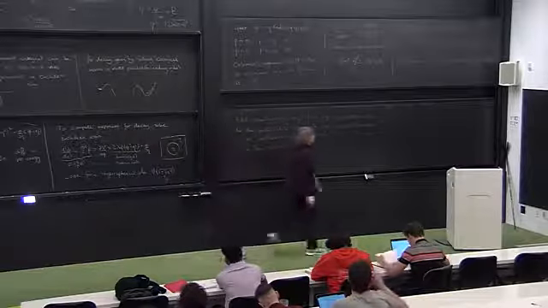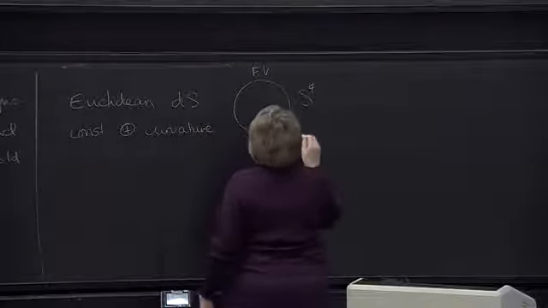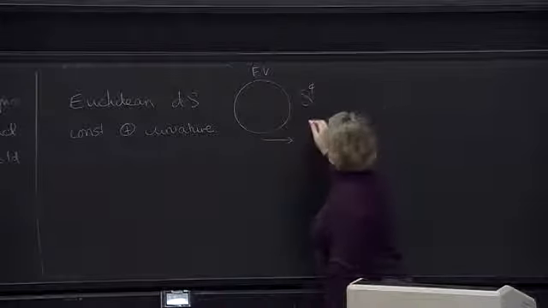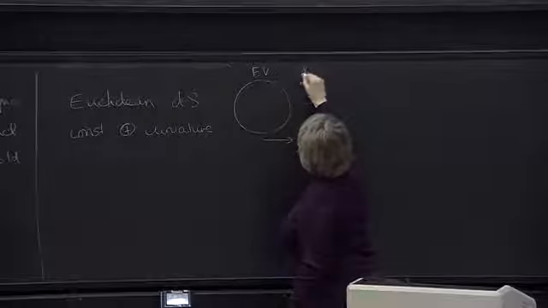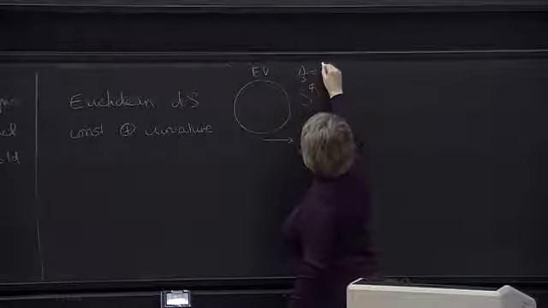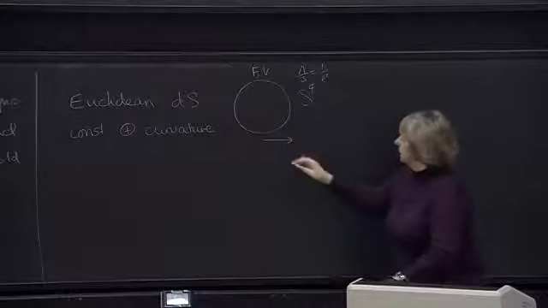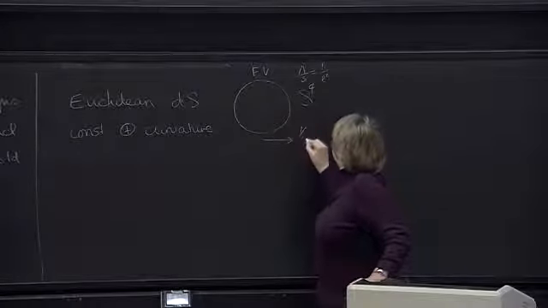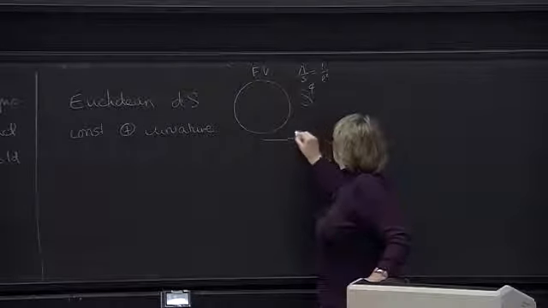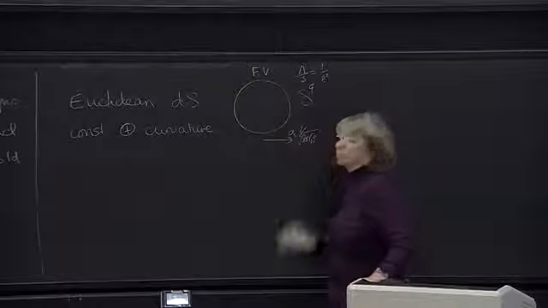So the radius of this, which is proportional, so remember in de Sitter space we've got lambda over 3 is equal to 1 over L squared. So the radius of this is proportional to 1 over 8 pi G epsilon, or the square root.